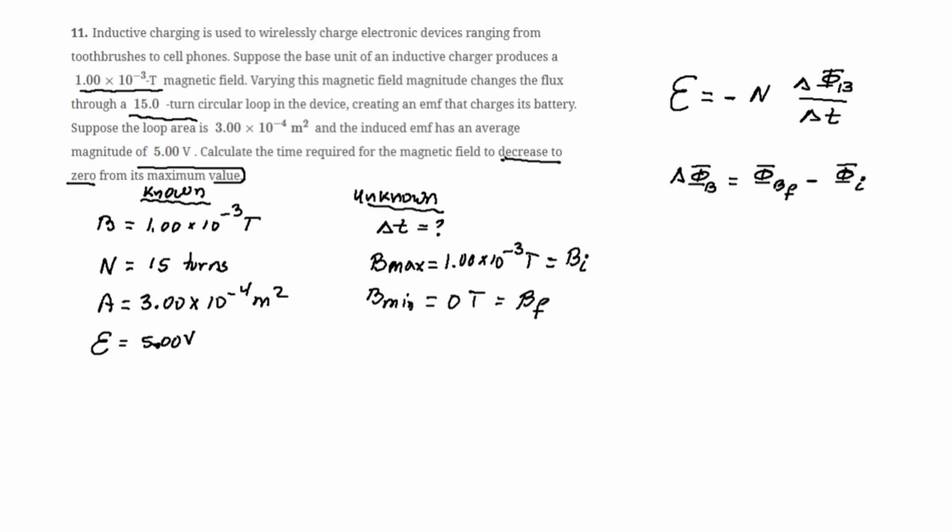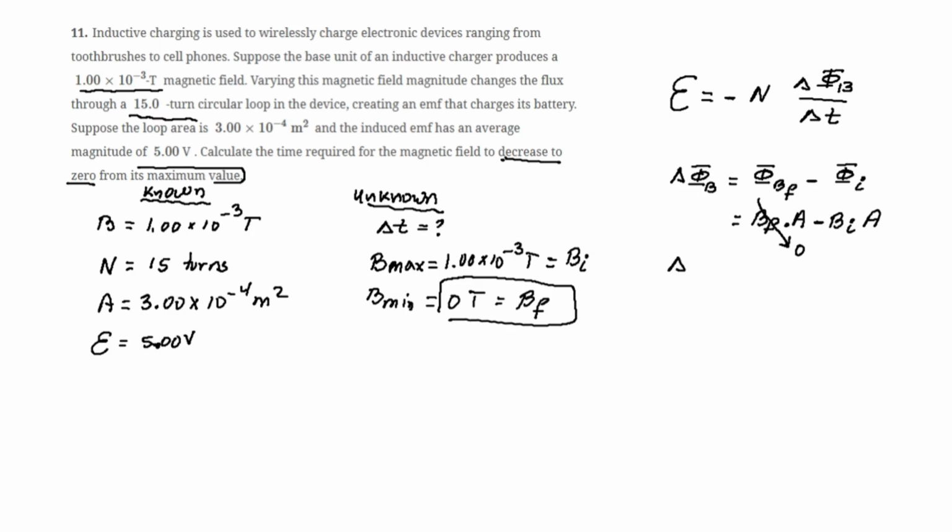What is the magnetic flux final? It is B final times the area, minus the magnetic flux initial, which is the initial magnetic field times the area. But B final is 0 Tesla, so that term is 0.